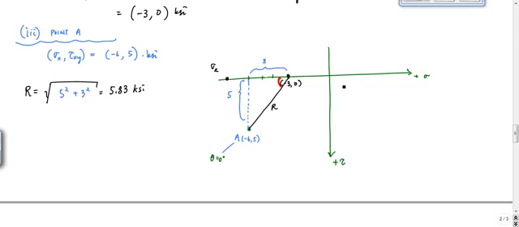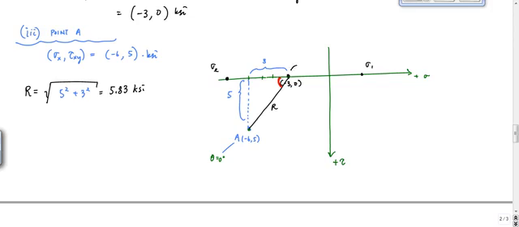And then where's my sigma 1 going to be? It's going to be 5.83 beyond this negative 3, which is 2.83. So right about here is sigma 1. Sigma 1 is my most positive principal stress.